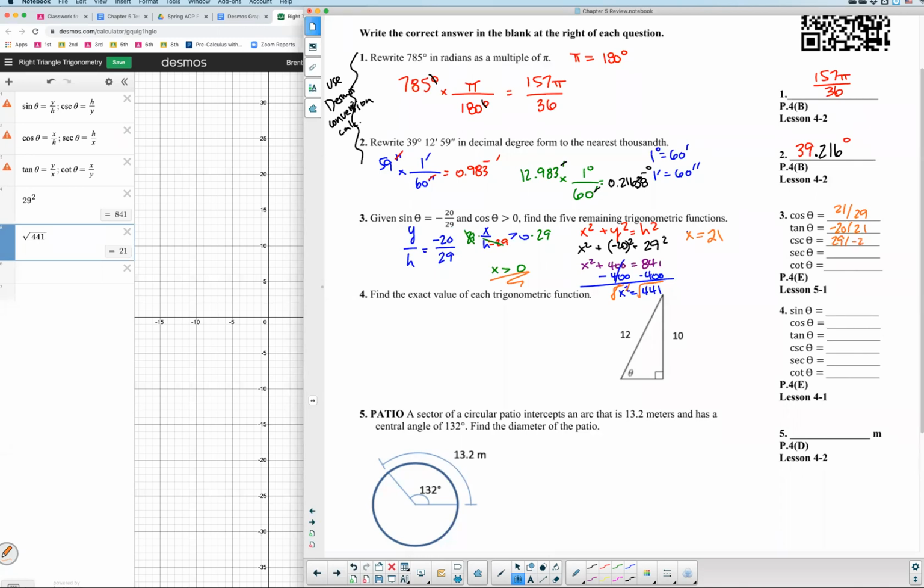I don't have much room to write the fraction, so it kind of looks funny, but that's 29 divided by -20. Secant would be h divided by x, so 29 divided by 21. And cotangent would be x divided by y, so 21 divided by -20. And that would be my solution to number 3.